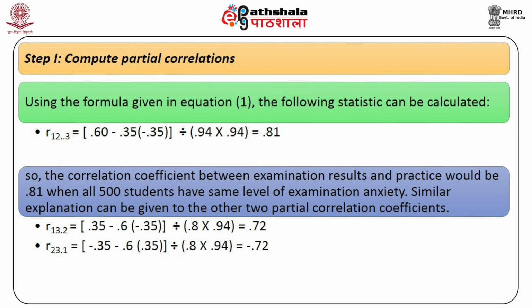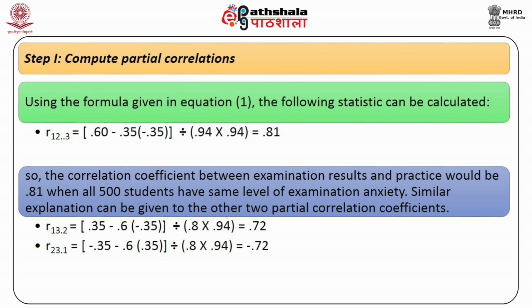So, the correlation coefficient between examination results and practice would be 0.81 when all 500 students have the same level of examination anxiety. A similar explanation can also be given to the other two partial correlation coefficients.